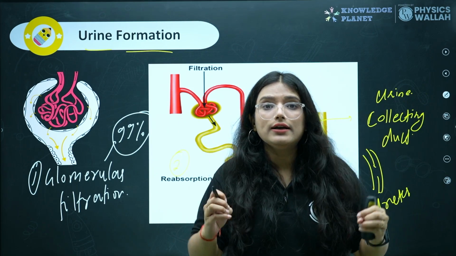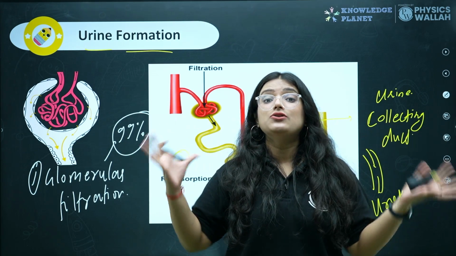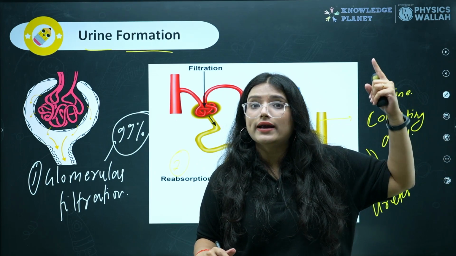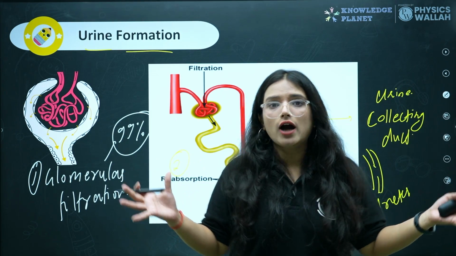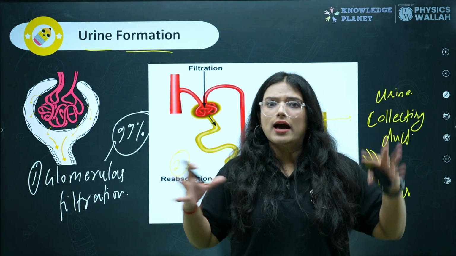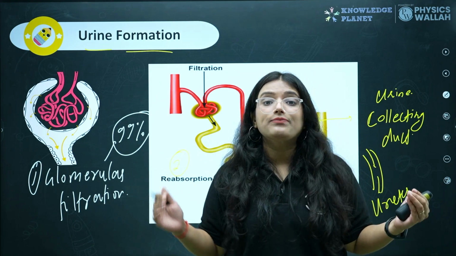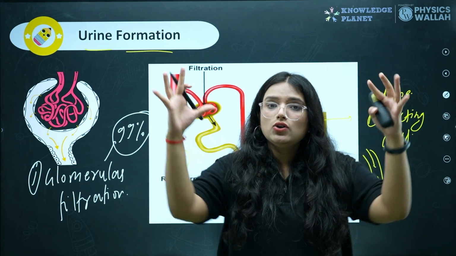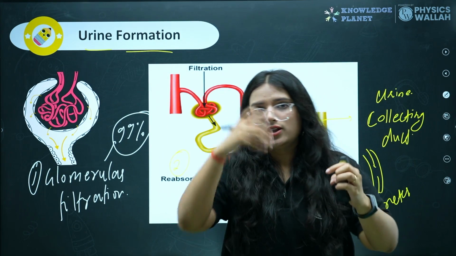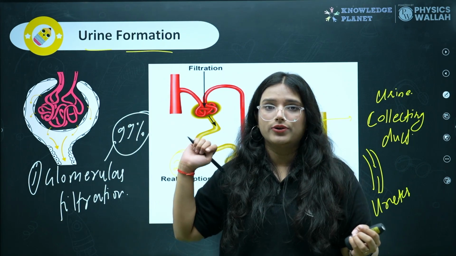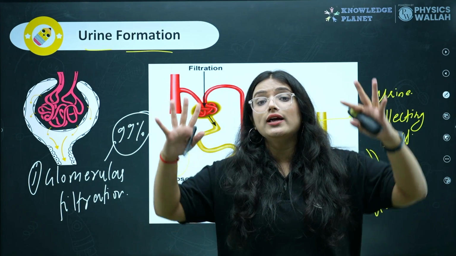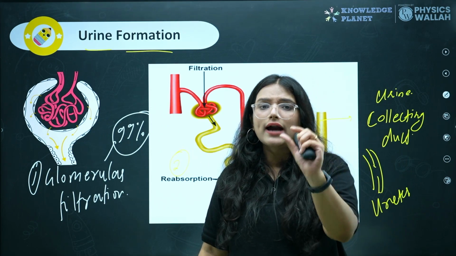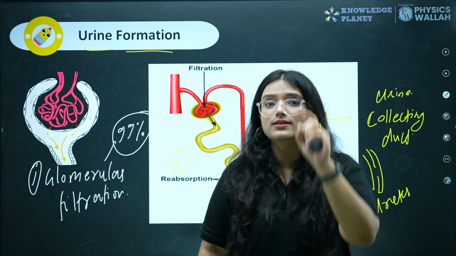Once it is filled, the muscle will stretch, and this stretching sends a signal to the brain that the bladder is filling up. Then the brain signals that it can contract. Once it contracts, the urine is excreted out through a tiny muscular tube, the urethra.